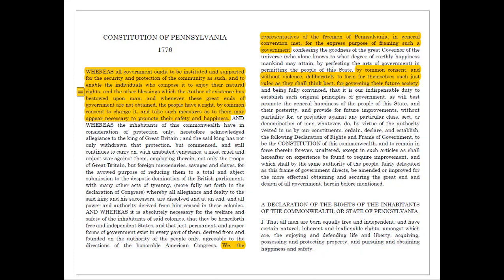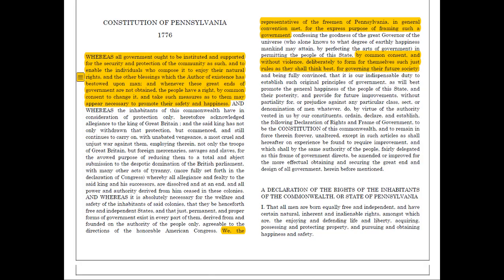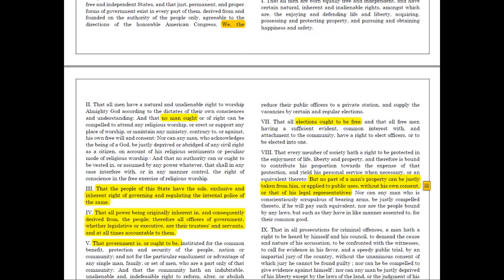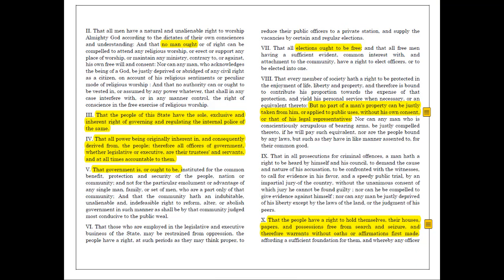As we turn to the Pennsylvania Constitution, then we see a little bit more complicated organization. We've got this long preamble at the start, this little essay on the nature of government, and then we move into a Declaration of Rights, or a Bill of Rights, if you will. If we pause on Article 4 in the Bill of Rights, we find this principle of popular sovereignty.